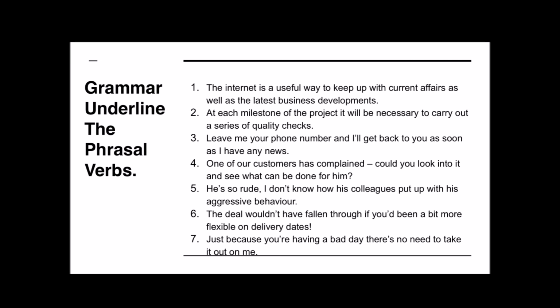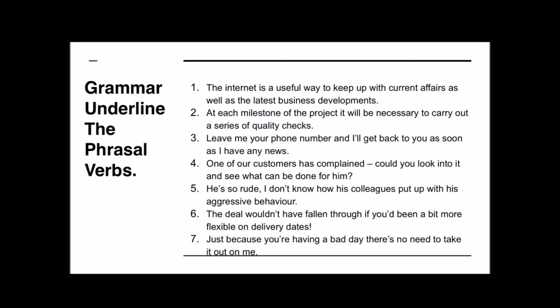So here we've got look forward to, and in this context it means I'm anticipating something, I am expecting something good to happen. It's a positive word, and so I'm looking forward to meeting somebody nice next week.